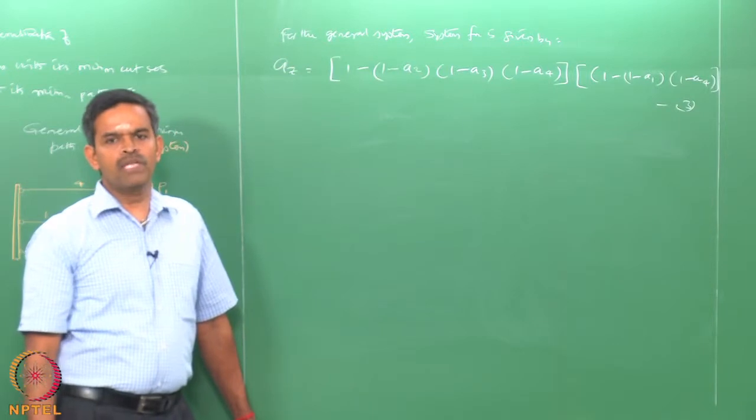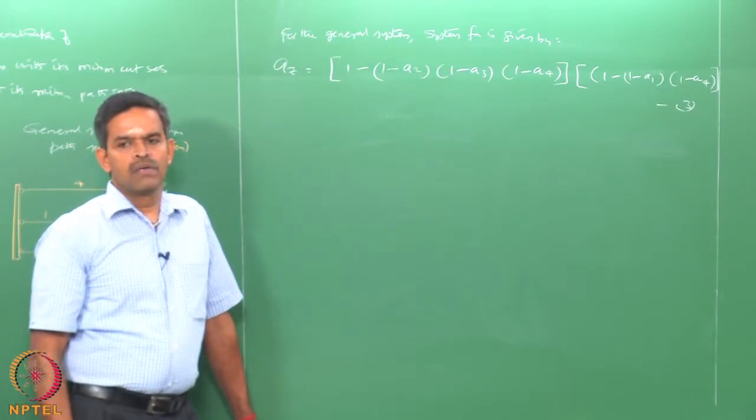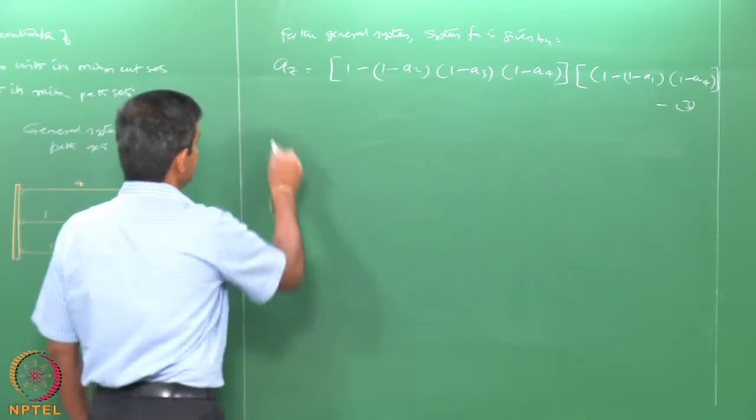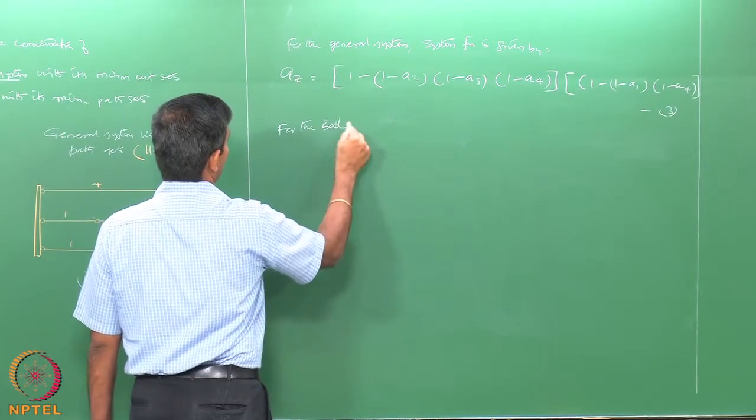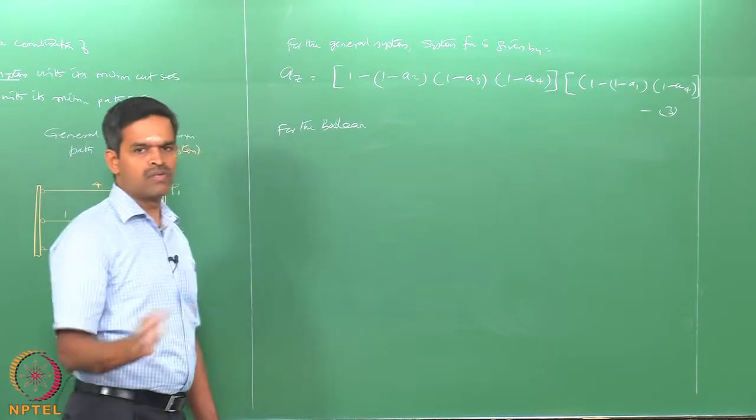Now, for the Boolean variables, you have a special property. These are Boolean variables. Why? Because they take only values of 0 and 1, failure or success.